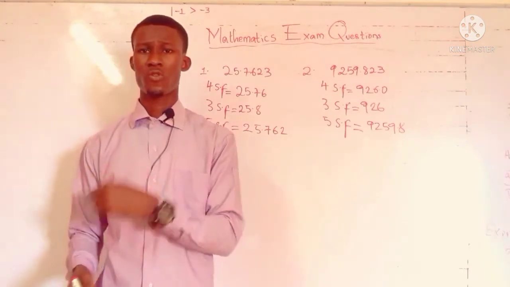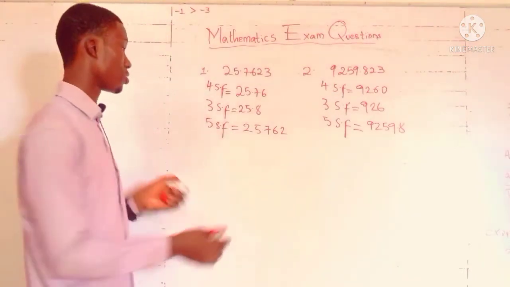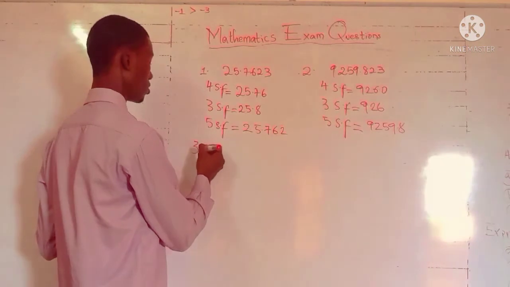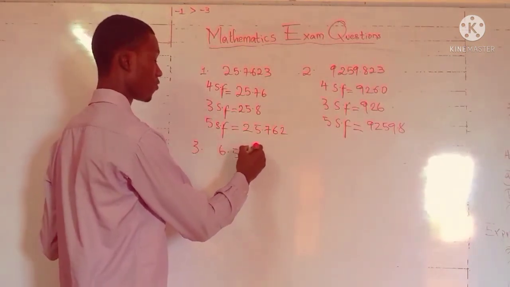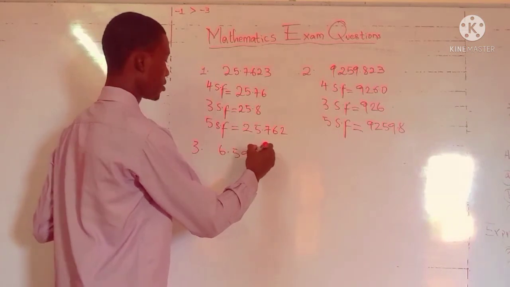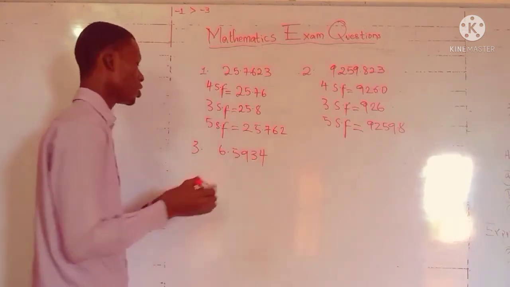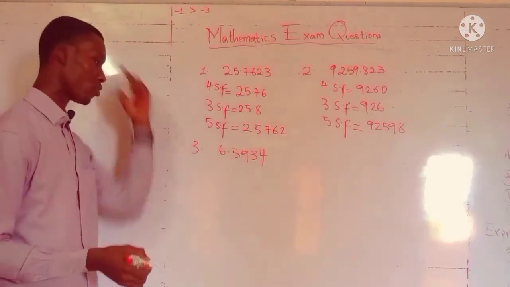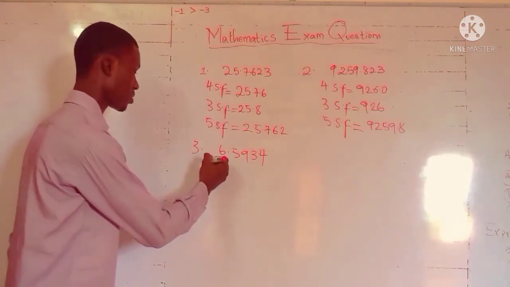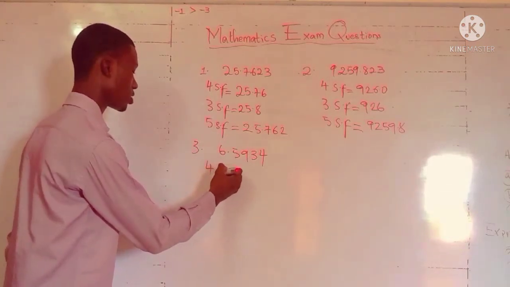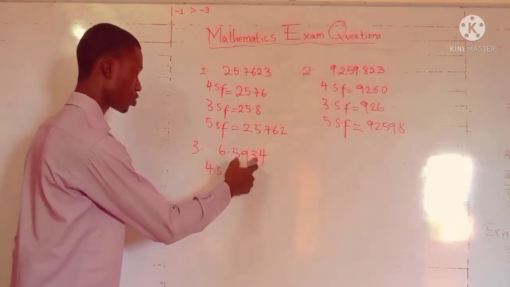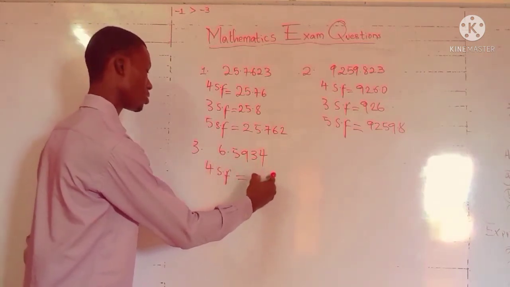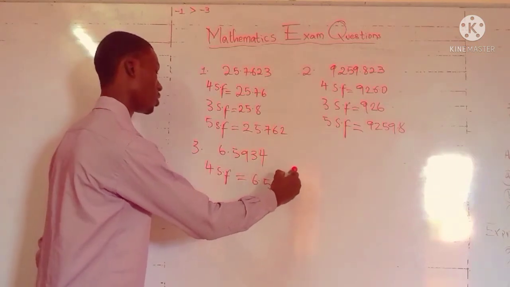So now let's move on to the third question, which is 6.5934. So how do we express this? Follow exactly the same steps that I have explained from the very beginning. 4 significant figures. Count 4 digits. 1, 2, 3, 4. So we'll stop over here. Our answer is 6.593.